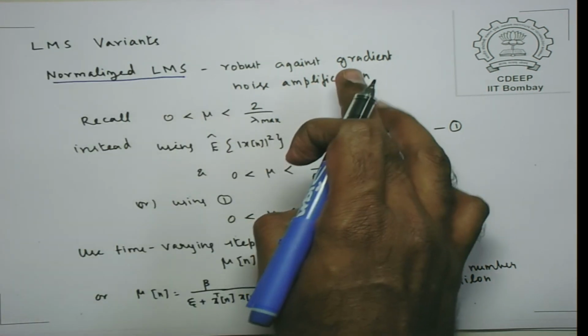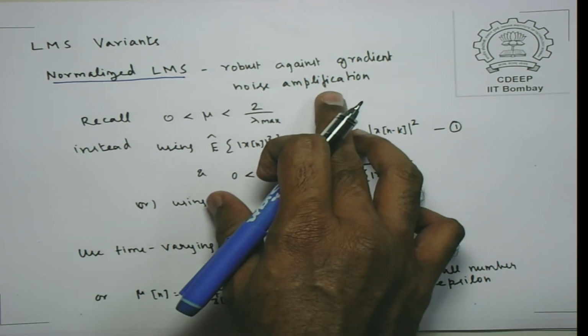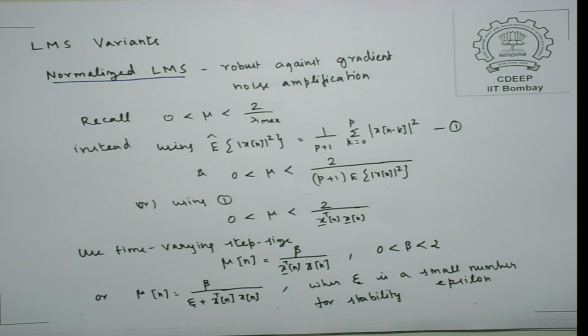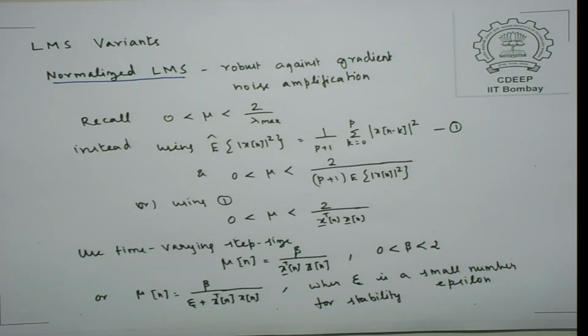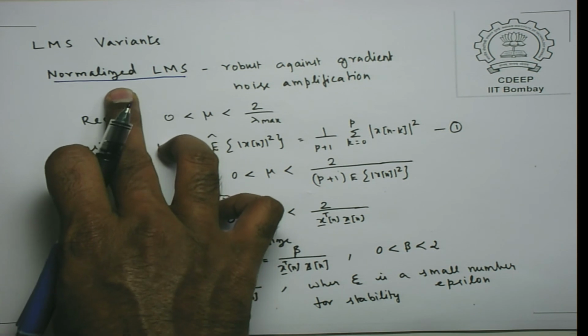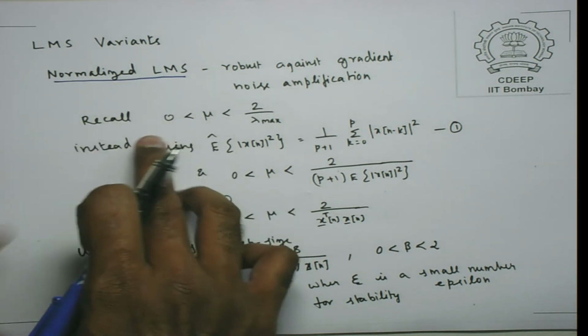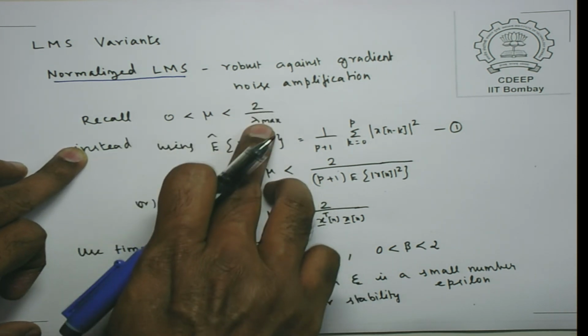While it helps us handle the situation which I said, another way to look at it is, if you think of the weight updates to have some error, this is going to minimize these errors during the weight update, right. How does this normalized LMS do this? So, recall we have this condition on LMS which is mu should be less than 2 by lambda max.